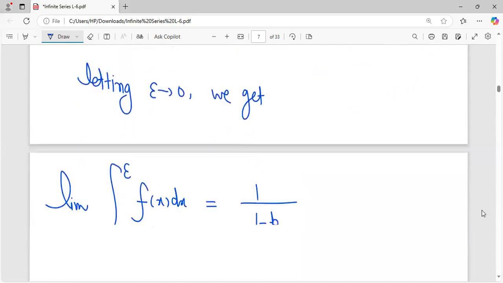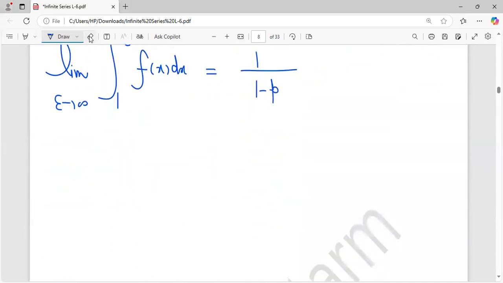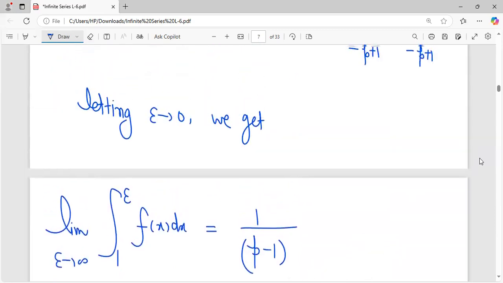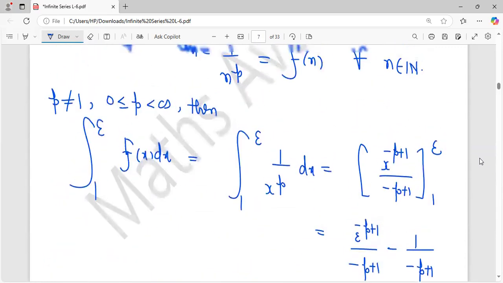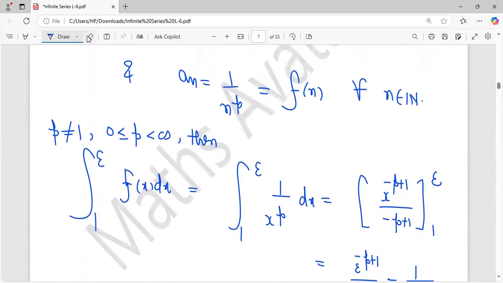Sorry, p minus 1 in the denominator. So for what p?